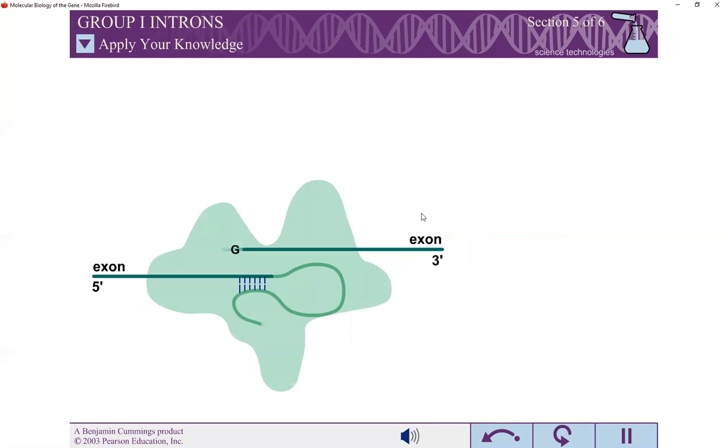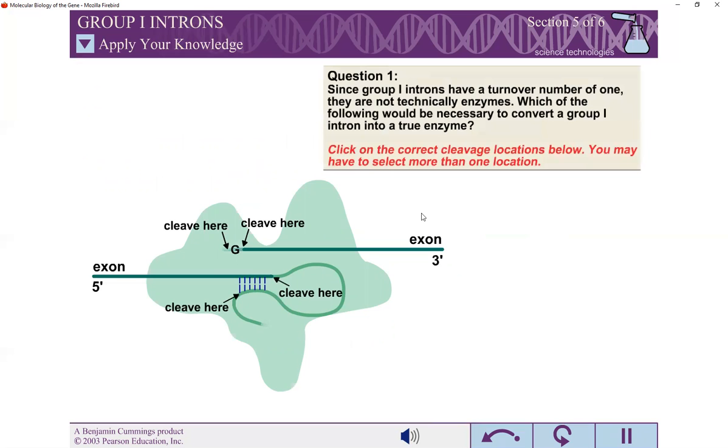Question 1. Since group 1 introns have a turnover number of 1, they are not technically enzymes. Which of the following would be necessary to convert a group 1 intron into a true enzyme?